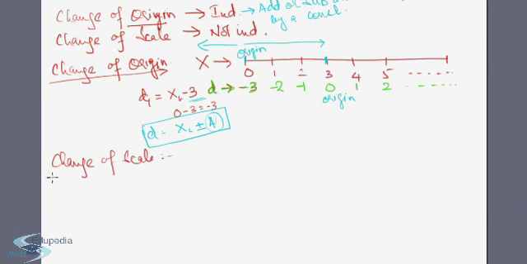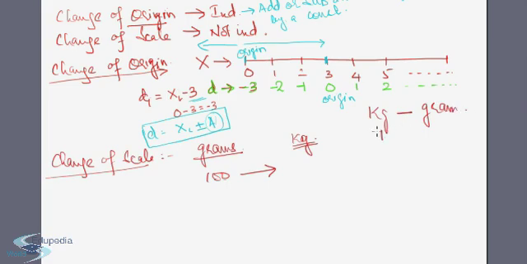Let's take an example. Let's say there is some commodity given in the scale of grams. So let's say 100 grams, and I want to write the value in kilograms. What do I do to get the equivalent value in kilograms? We know that 1 kilogram equals 1000 grams.